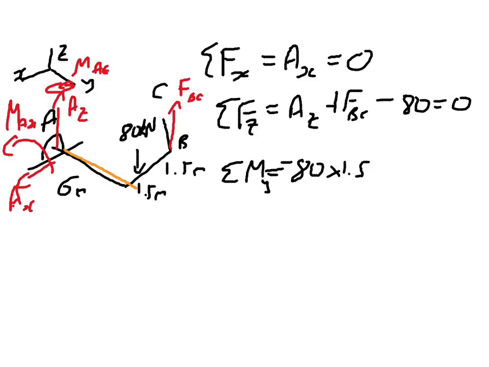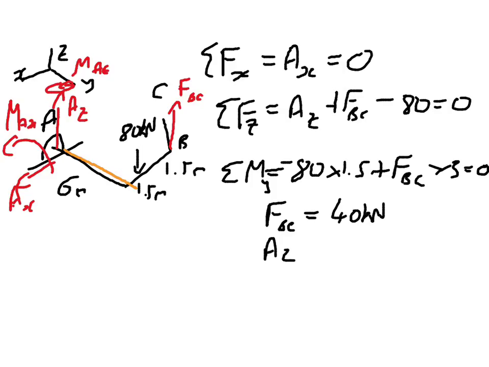And we've also got FBC trying to pull up, so it's positive, and it's 3 metres away. They're the only 2 forces and moments acting about the y-axis. So we can rearrange that and solve FBC, and that will equal 40 kilonewtons. We can then substitute that into the sum of the forces in the z direction, and AZ will also equal 40 kilonewtons. So we've now found some of our forces and moments.